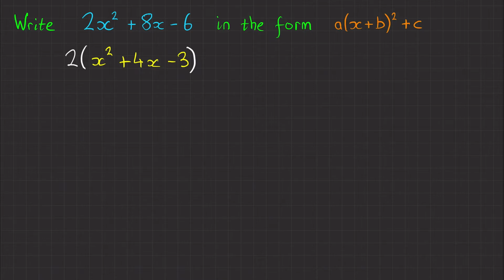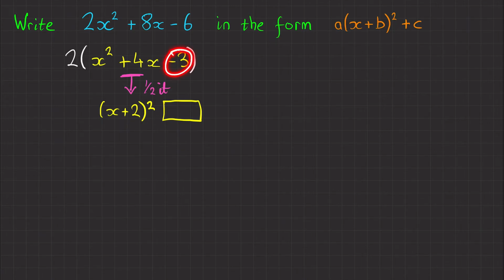We can now deal with what's inside the brackets written in yellow, exactly like we did with the questions from the first part of this video. Our second step is to halve this x coefficient, and that will give us (x plus 2) all squared. We now need to find what we're going to add or take away from this (x plus 2) squared in order to give us our original numerical value minus 3.